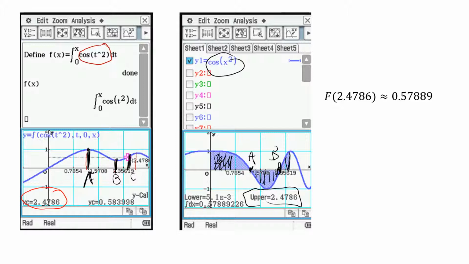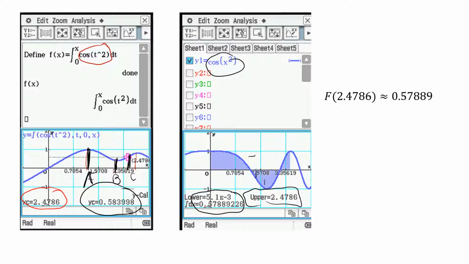Let me just get rid of some of this stuff. So you can see the calculator has got the net signed area. It's swept through from x equals 0 to 2.4786, and it's got this area indicated over here, 0.57, and that's simply the value of the function at x equals c. So there it is over here, the value of the net signed area function.